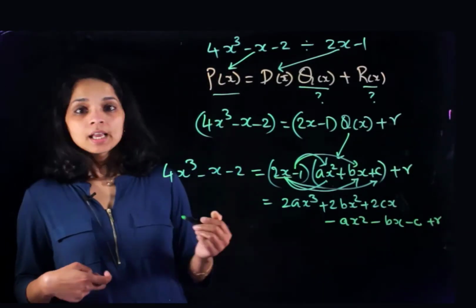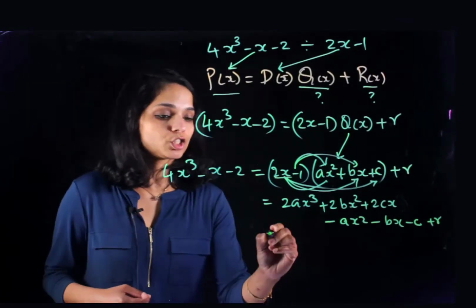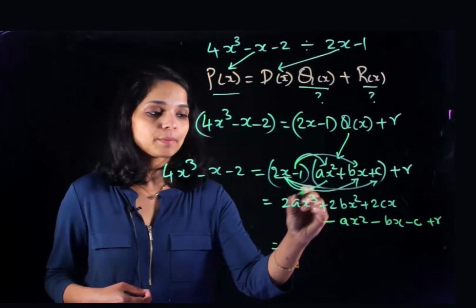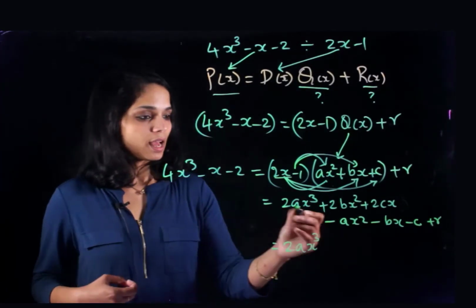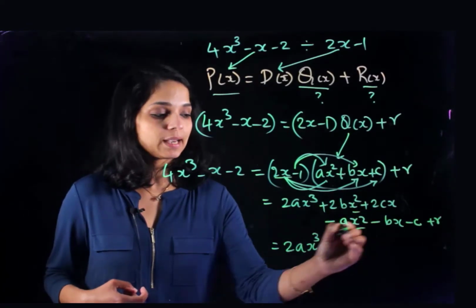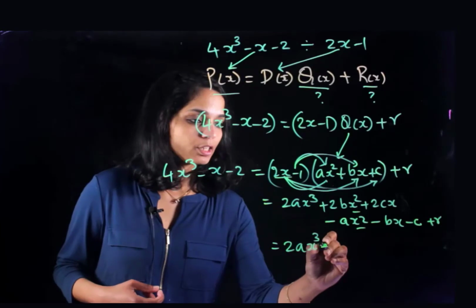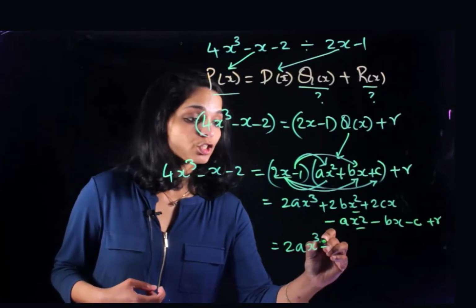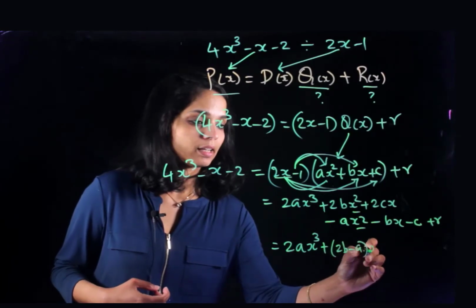Now we can combine all the like terms together. For 2ax cubed, there's only one term having power 3, so that's 2ax cubed. Then these two terms can be combined because they both have the same variable, x squared, and that's plus (2b minus a) x squared.